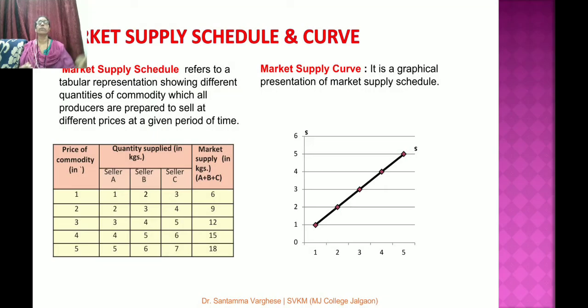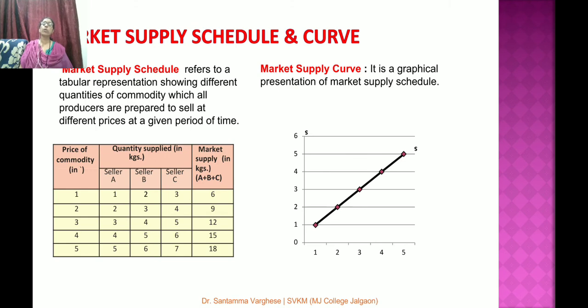The market supply schedule is a tabular representation showing different quantities of a commodity which all the producers in the market are prepared to sell at different prices at a given period of time.